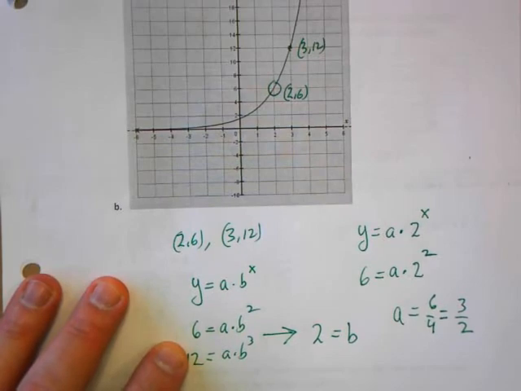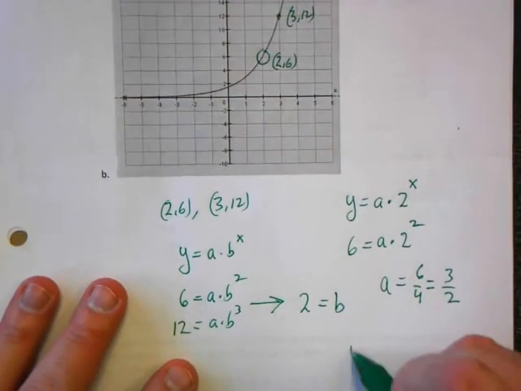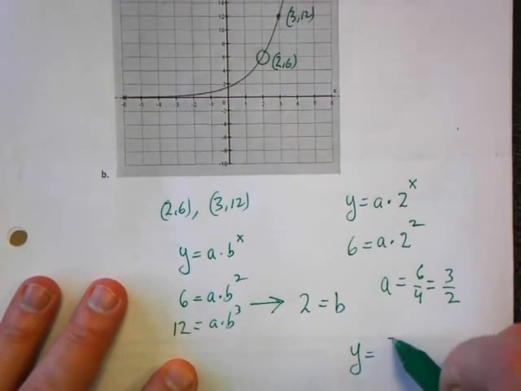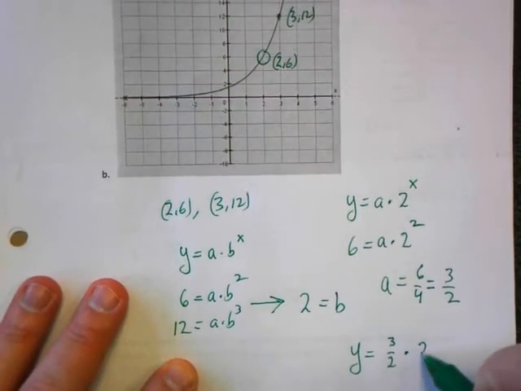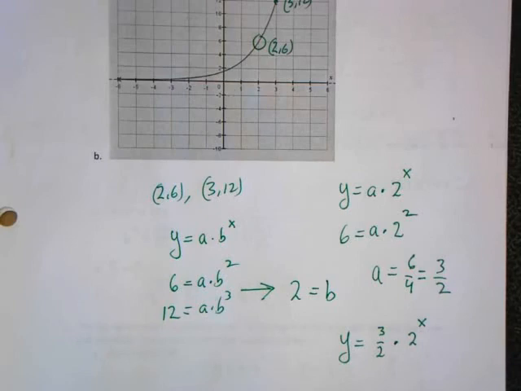So it looked like it was about 1.7 or 1.8. It really turned out to be 1.5, interestingly enough. All right, so our equation is y equals 3 halves times 2 to the x. Questions on any of those?